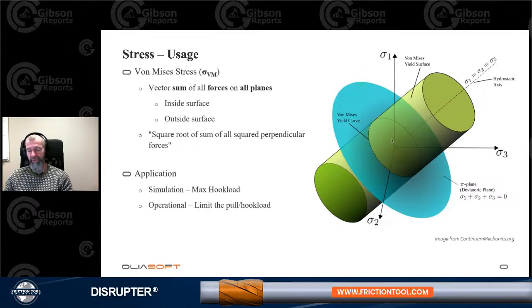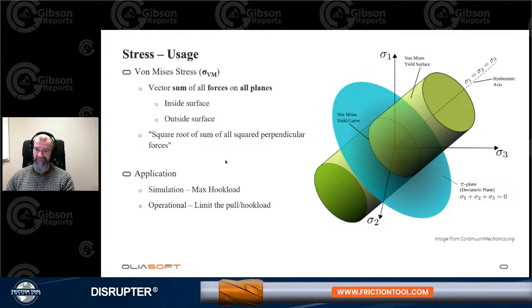So on a piece of drill pipe, there are basically two surfaces. There is an inside, a smaller radius inside, and a bigger radius outside. So we need to figure out which one is the highest, and use the highest one when we compare it to the yield strength of the material, because that's what you actually want to do at the end.